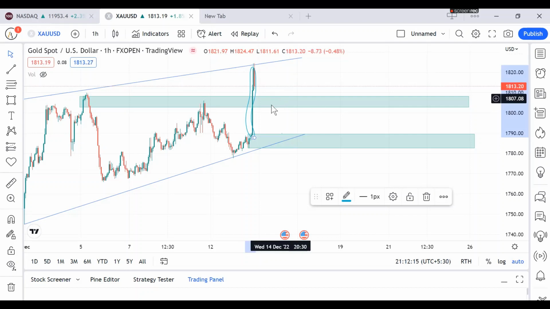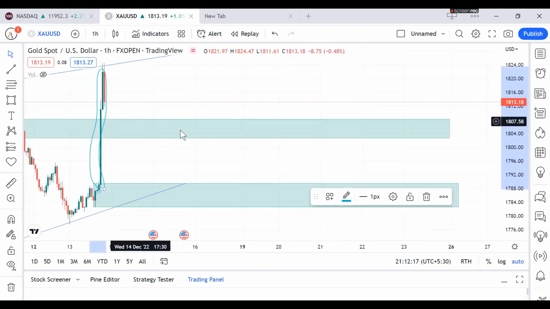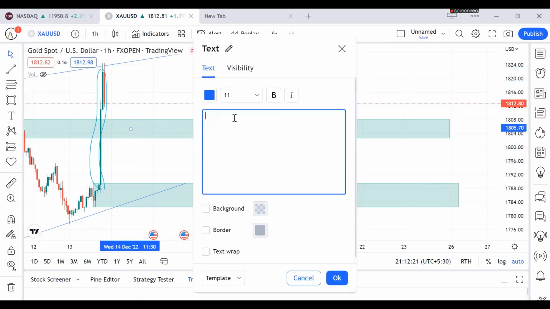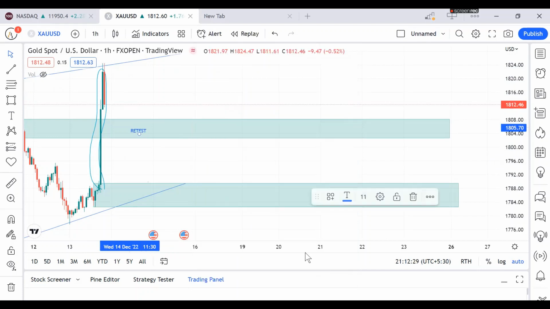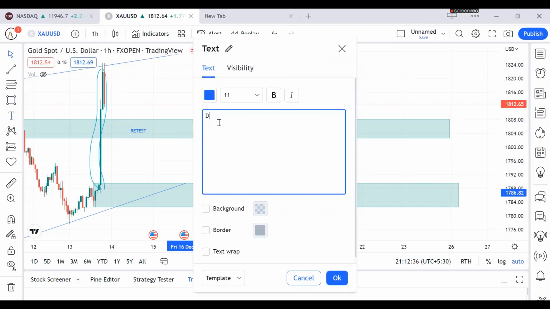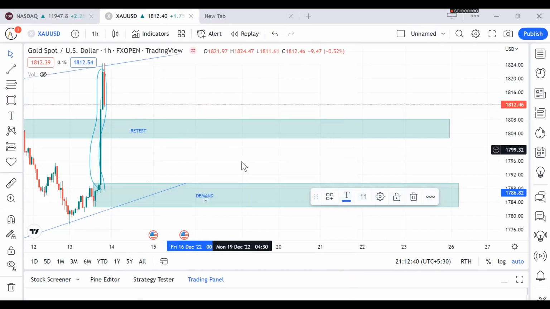All right. So here, guys, we're going to wait for a retest, and then we trade. But here, this is a demand that we're going to trade.